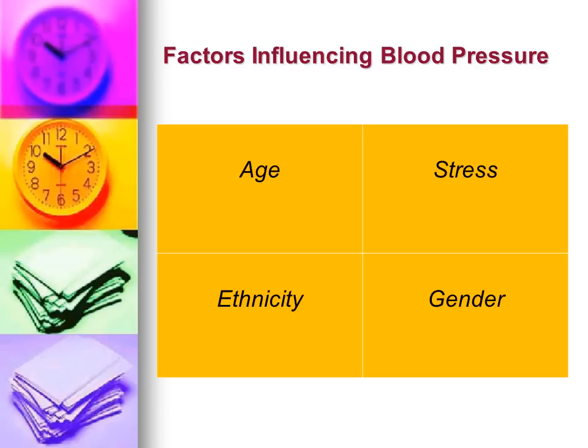Blood pressure is not a constant. Many factors influence blood pressure. Blood pressure can be further classified as normal, pre-hypertensive, stage 1 hypertensive, and stage 2 hypertensive.